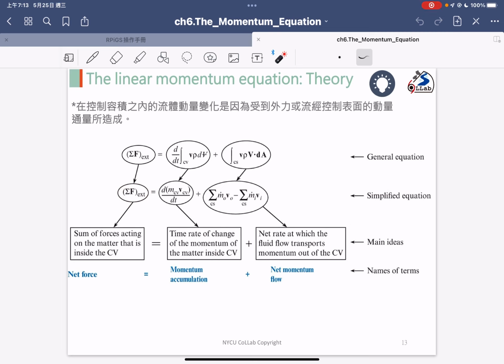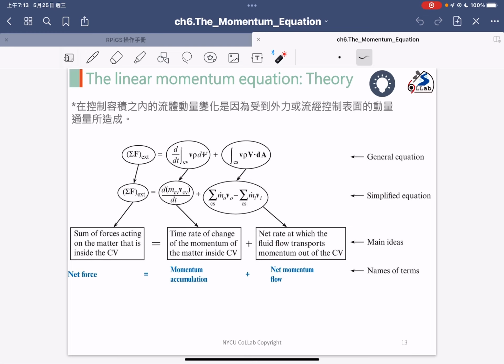And on the right-hand side there are two items. The first item we call the momentum accumulation. As you can see, the item is associated with the momentum change in the control volume with time.